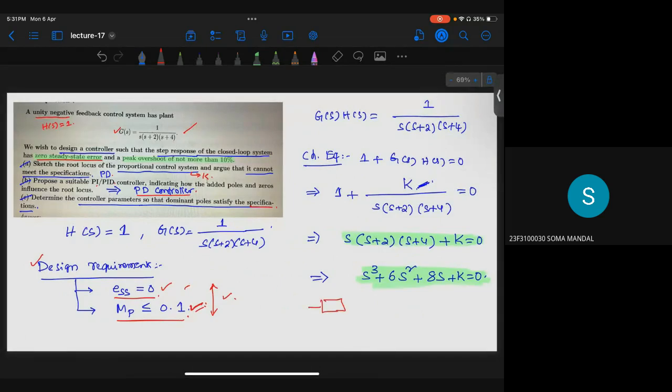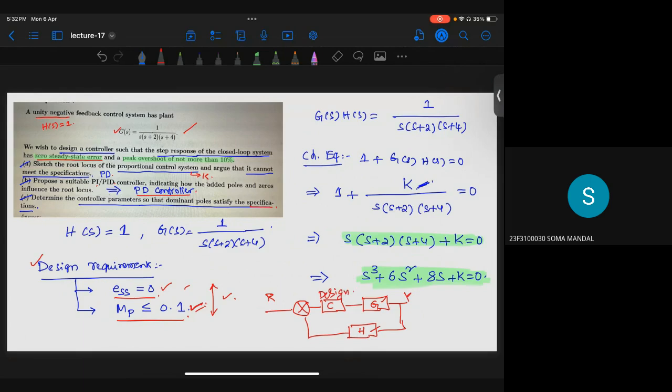We have C of s, then the plant, the output Y, here we have H, then here we have the summing point, and here we have R. Is it clear? Here G is given to us, H is 1, and now we have to design this controller C.